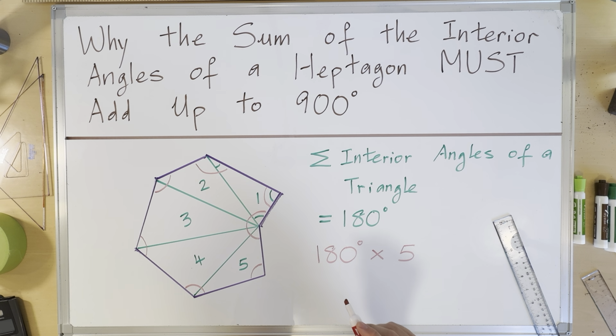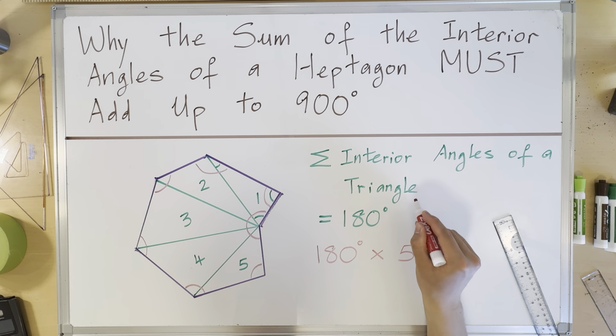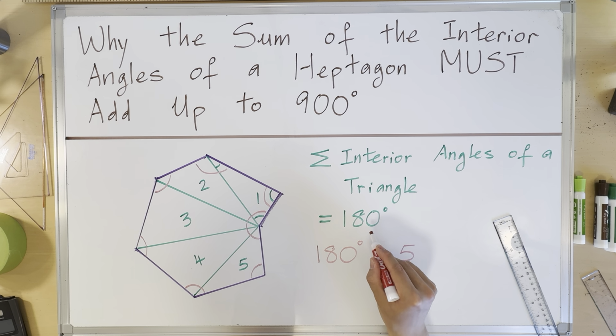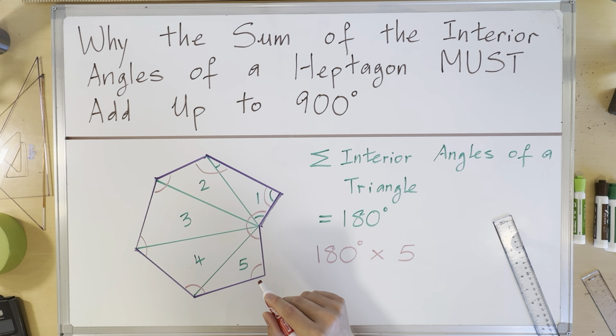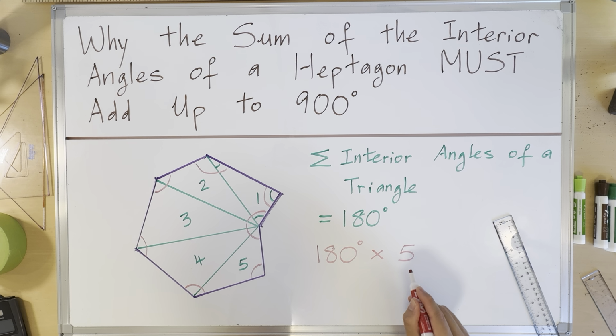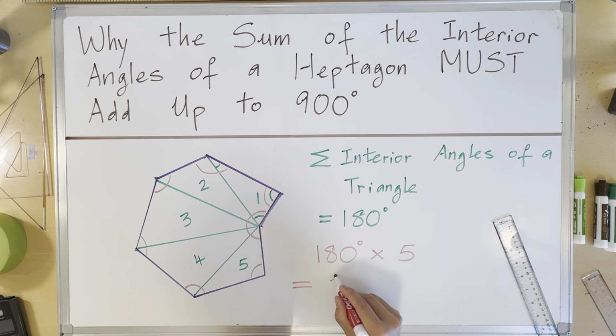Because the sum of the interior angles of a triangle must add up to 180 degrees, and we can divide a heptagon into 5 separate triangles. And 180 degrees times 5 is equal to 900 degrees.